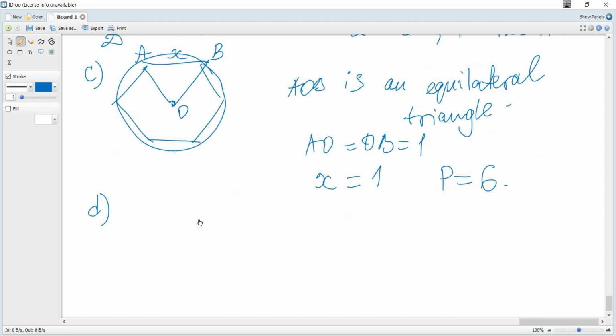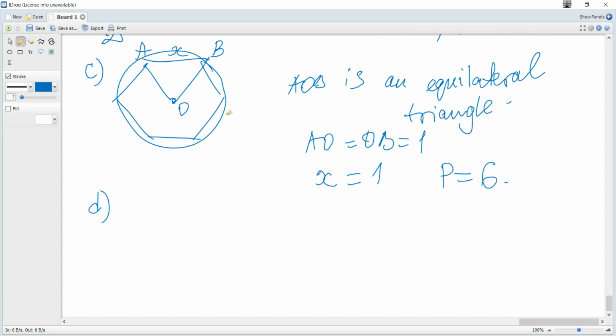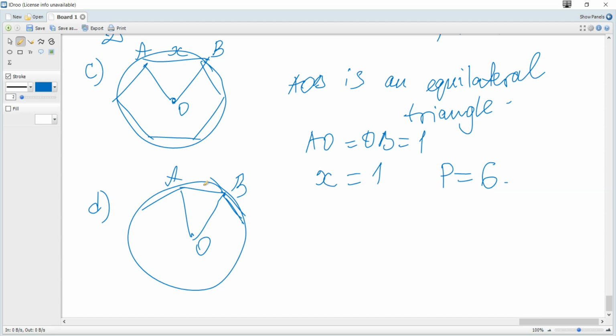So now we should consider a regular n-sided polygon inscribed in a circle of radius 1, and again let's consider one triangle. Side is x, radius is 1, and this angle AOB is 2 pi over n.